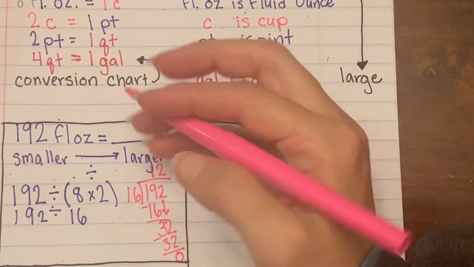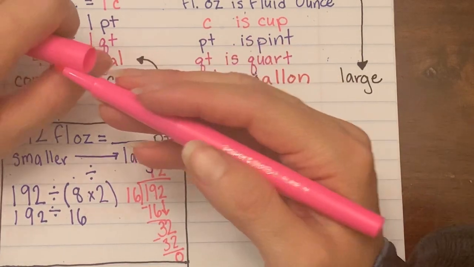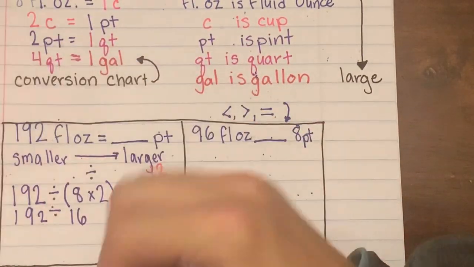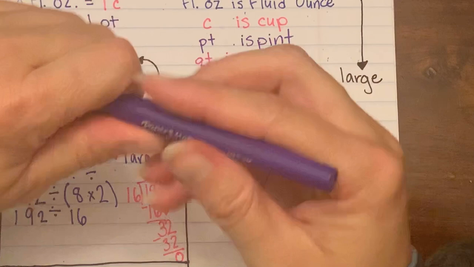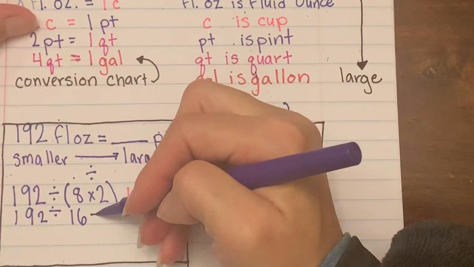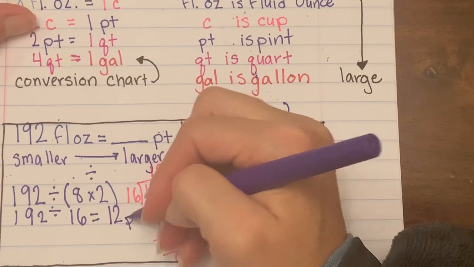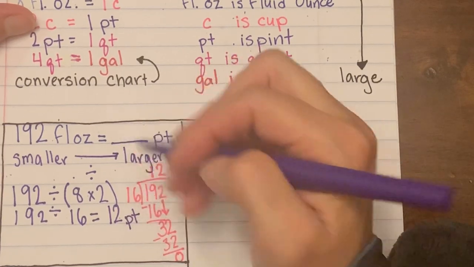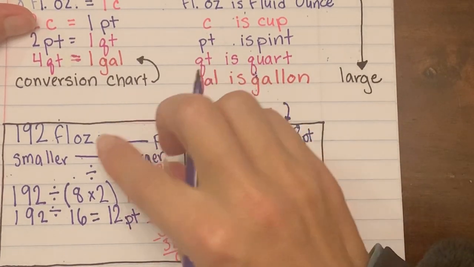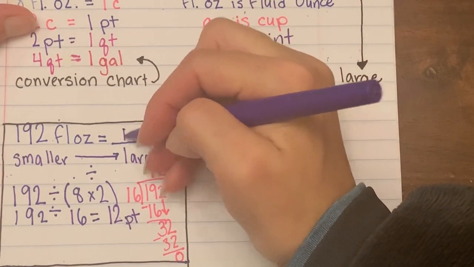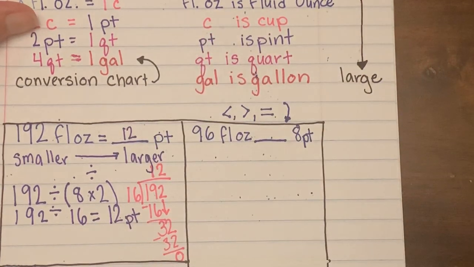No remainder. So I know that this is going to equal 12 pints. And that would just go up into my blank. So I can write 12 right there.